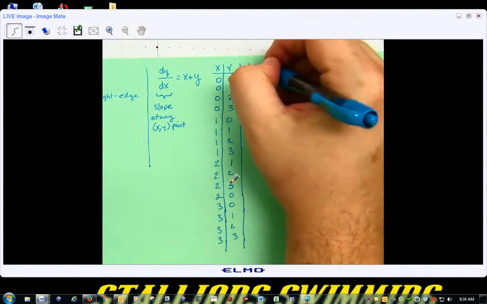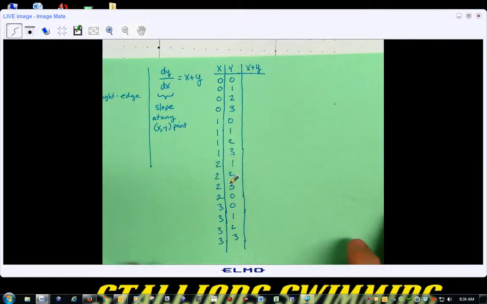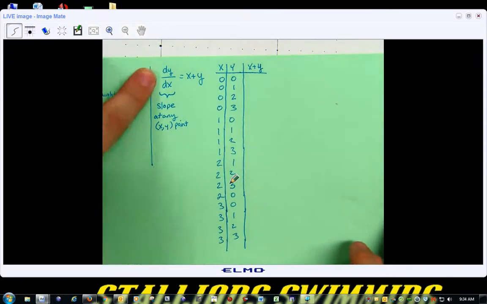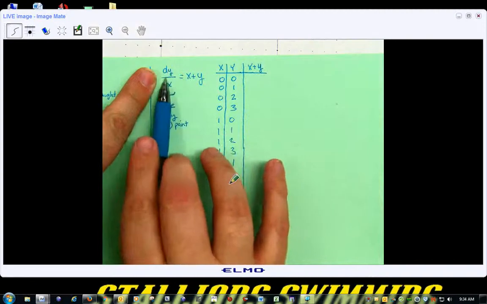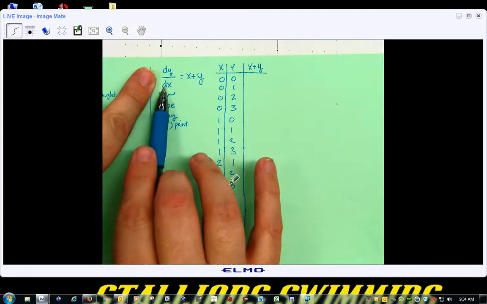Now, since dy/dx is going to represent the slope, what we want is our slope, dy/dx, at any point on our solution.